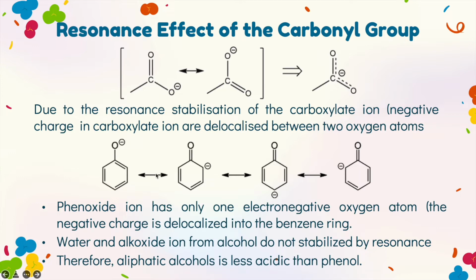For phenoxide ion, the one that we've learned in alcohol, there is only one electronegative oxygen atom. The carboxylate has two oxygen atoms. In phenoxide ion, only one oxygen atom, so the negative charge can be put on the oxygen and delocalized within the benzene ring, onto the carbons. But water and alkoxide are not stabilized by resonance, so you cannot transfer the negative electrons to any carbon.